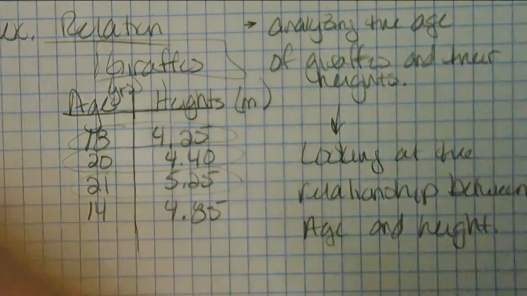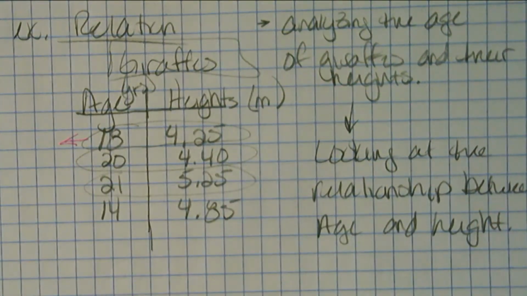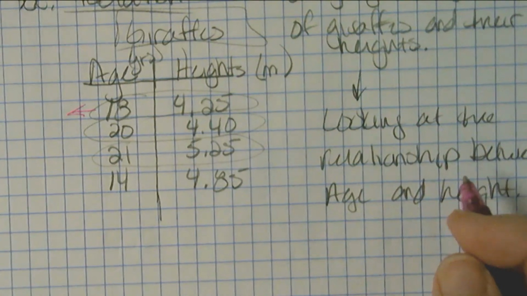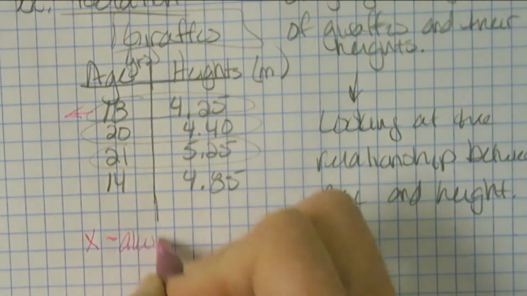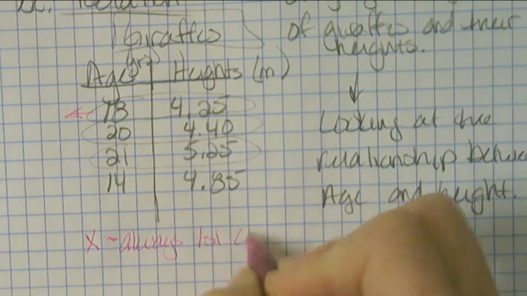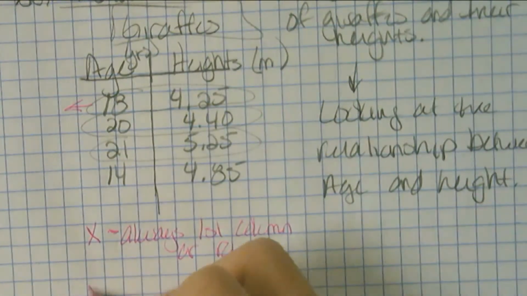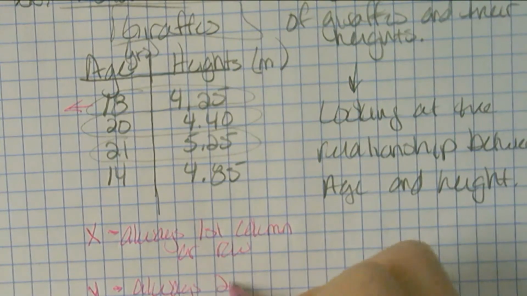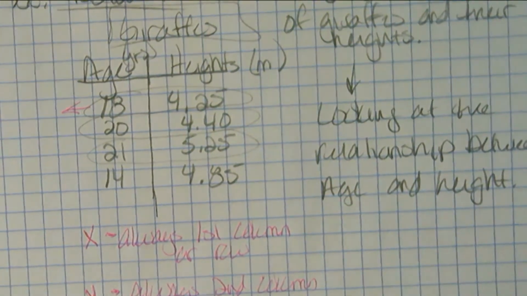Now here's the thing to remember: on a table, your first column or row is always your x, and your second column or row is always your y.